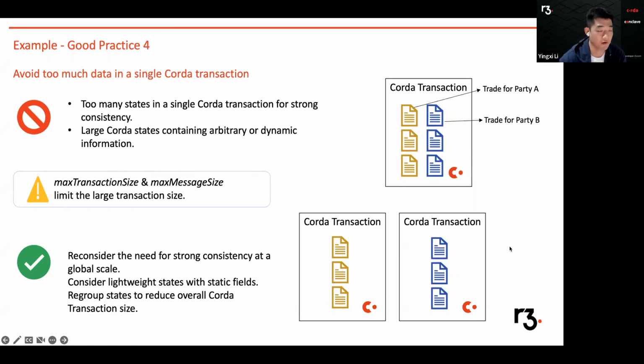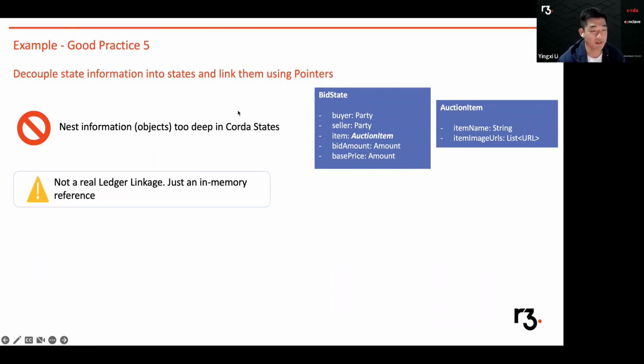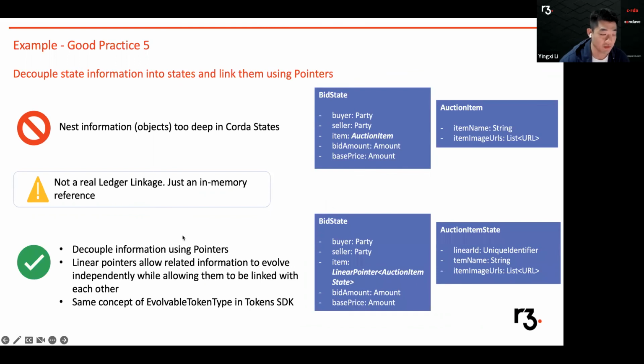The last one is to decouple state information into states and then link them using pointers. So, just don't nest objects. As an example, what we do not recommend is having one state and, inside of that state, one of the variables is another state. You can resolve it by using linear pointers, and you can also achieve future updates of the so-called nested state without affecting the other state, because you are just taking a linear pointer to the other state.